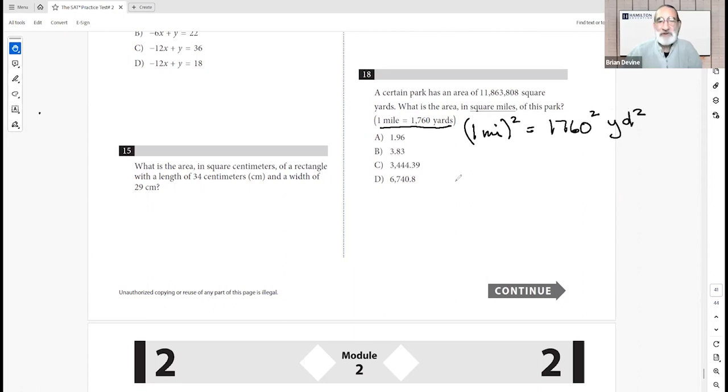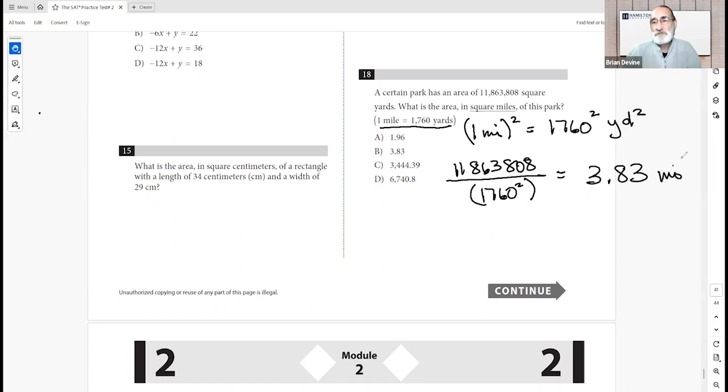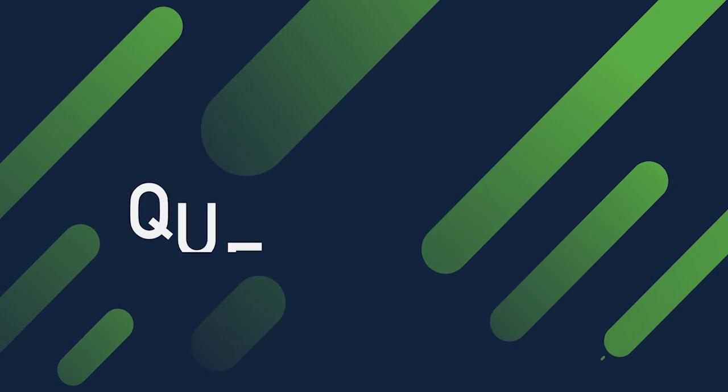Well, if I take that into account, then I can just take my calculator, put in 11,863,808, and I'm going to divide that by 1760 squared. And I'm going to get out 3.83 square miles. So B is my friend, and the correct answer.